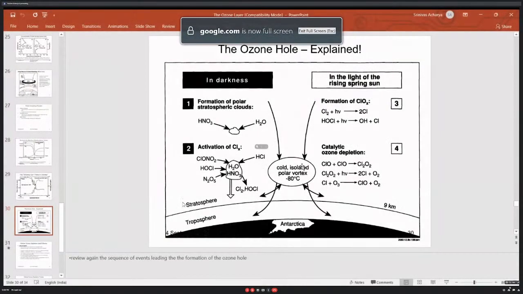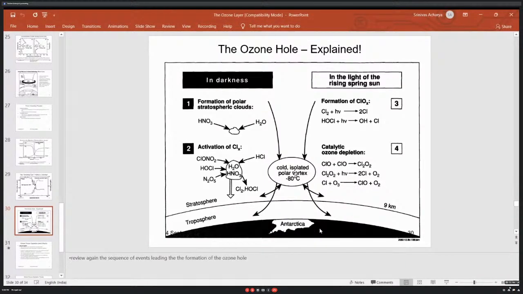This is a very good slide. You can follow this step by step. In polar winter, how these chemical species are formed, and in the polar spring morning or spring light time, how these chemical species go through this photochemical reaction step by step, and ozone depletion occurs.